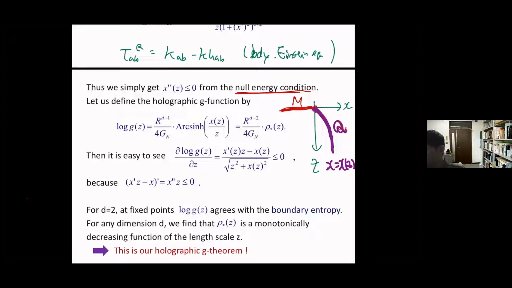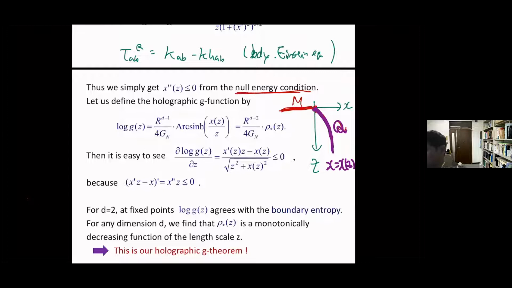But actually, we can show that if we take the derivative of this, arcsinh of this ratio, and this is the reason we take arcsinh, we just want to extract rho star at a fixed point. This guy is just rho star. And we know, right, rho star divided by 4 G Newton is the boundary entropy at a fixed point. So that's the reason we have this formula.